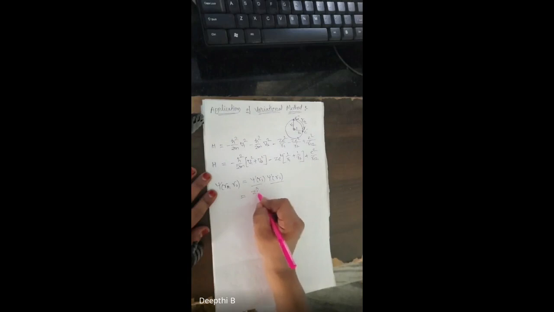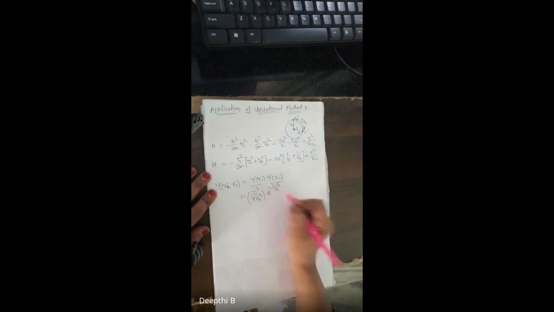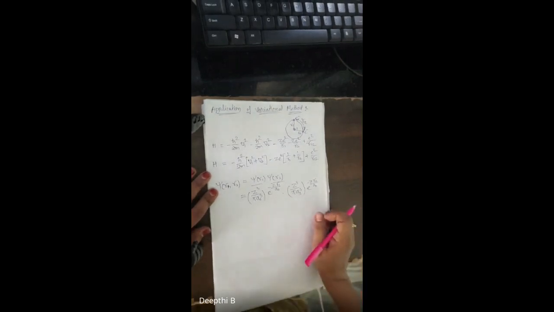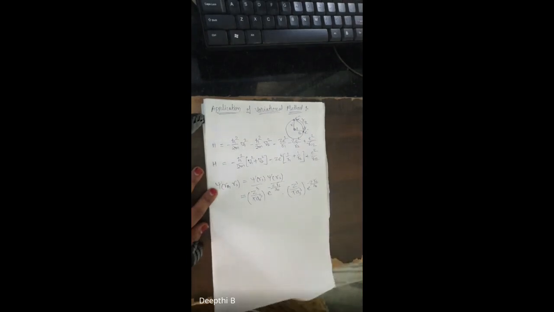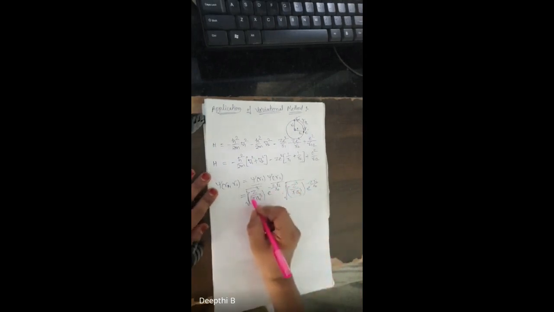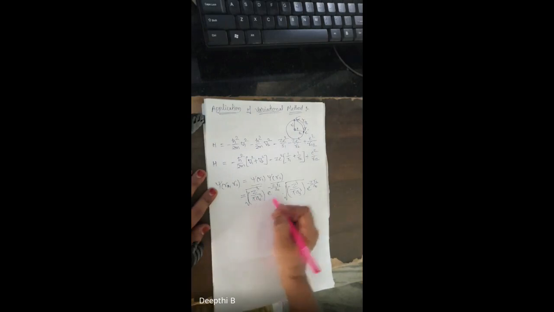It is root under root of z cube by pi a naught cube into e power minus z r1 by a naught, and psi 2 also root of z cube by pi a naught cube into e power minus z r2 by a naught. I forgot to write the root.